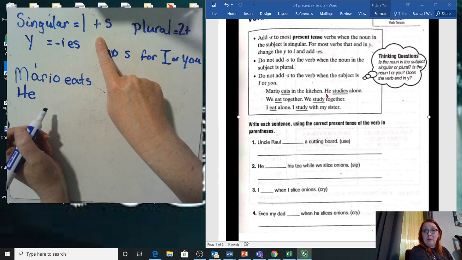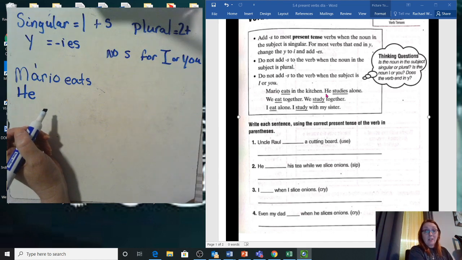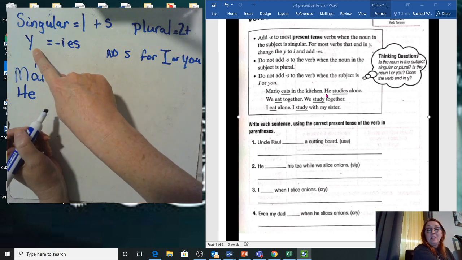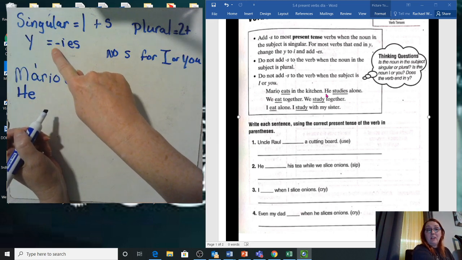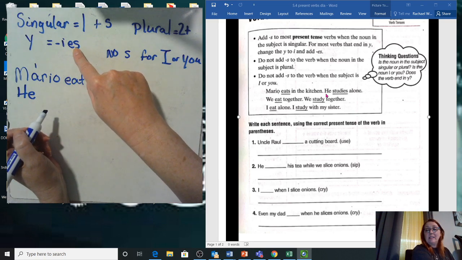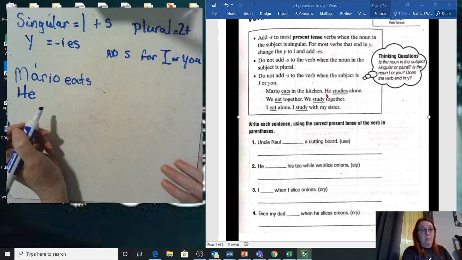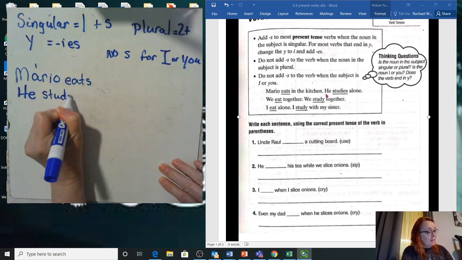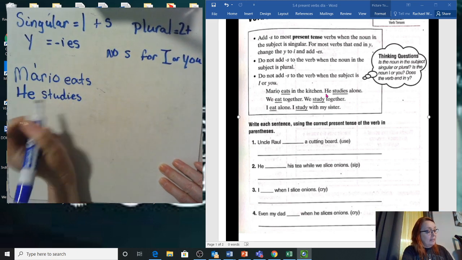Yes, we do. But wait, not just an S. How does study end? The word study ends in a Y. So we have to have not just an S, but we have to add the IES. Just like our spelling rules, okay? So he studies.